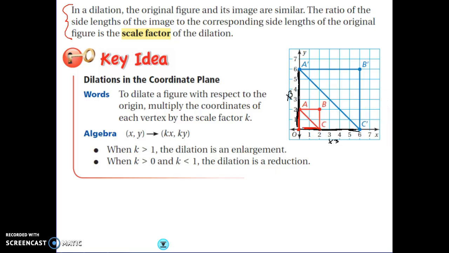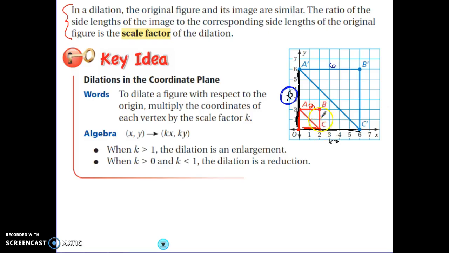Well, if we look at the actual side lengths of the triangle, the side length AB has a distance of 2, and the side length A prime to B prime has a length of 6. So those side lengths were also multiplied by that factor of dilation.